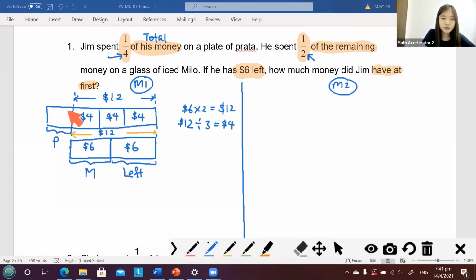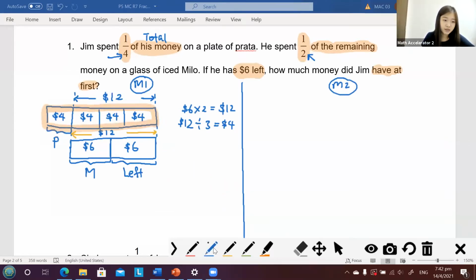So what does it tell you about the prata? The prata is also $4. Then now you can look for how much money did Jim have at first. At first would mean everything here, the whole model.